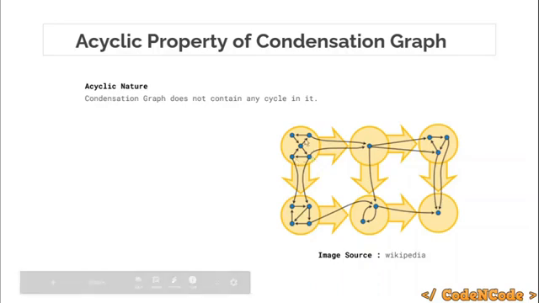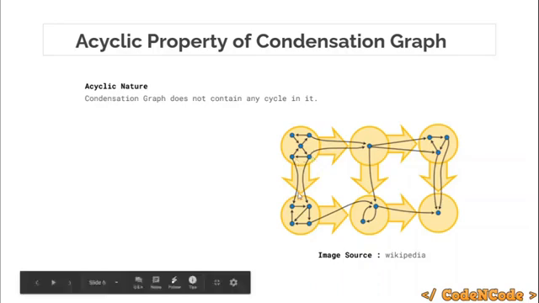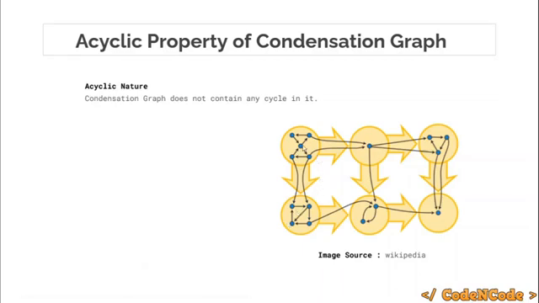That would mean that these two are in the same strongly connected component, because from any node of this SCC you can reach any node of this SCC, and vice versa, which basically says that there is a path from every node of this SCC to this one. That indicates that these two should be a single strongly connected component.